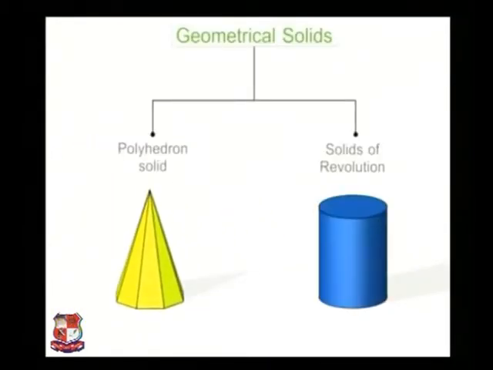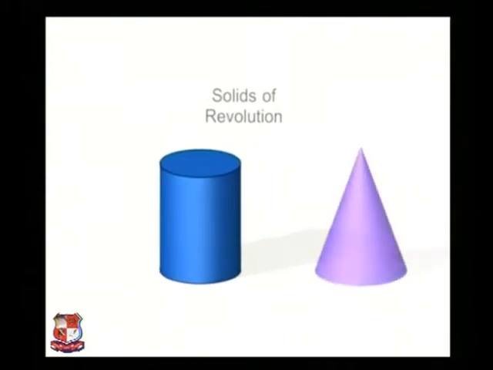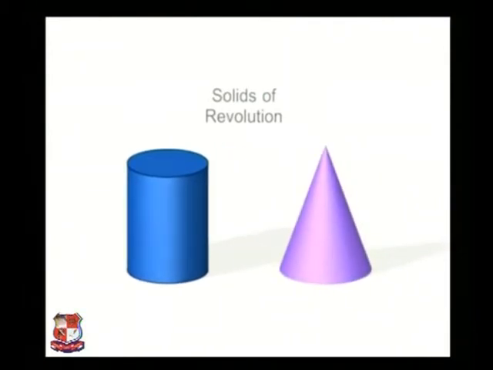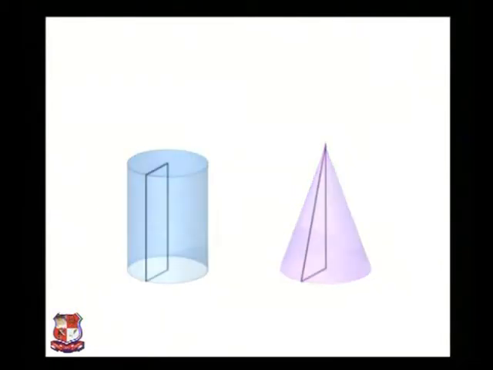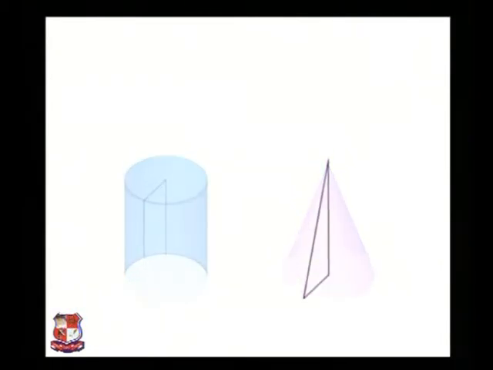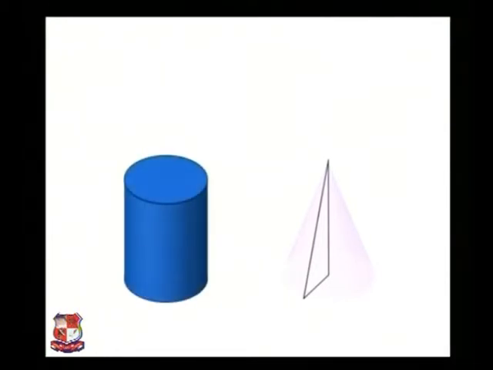The other category is solids of revolution, which are generated by revolving 2D planar figures like a rectangle or right-angled triangle about their sides. The most common forms used in engineering drawings are cylinders and cones.